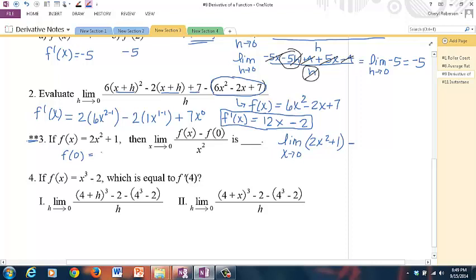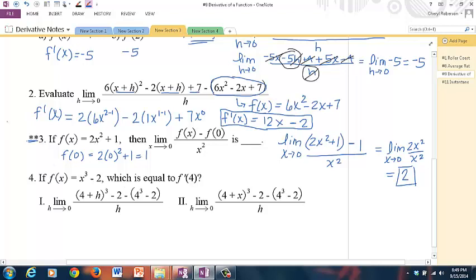Well, f of 0 is going to be 2 times 0 squared plus 1. So it looks like I'm going to have a 1 here, and that's all over x squared. So this is going to be our limit as x approaches 0. And if we simplify here, those ones will cancel each other out. And I have 2x squared over x squared, and then those x squares should cancel. So my solution here is 2.